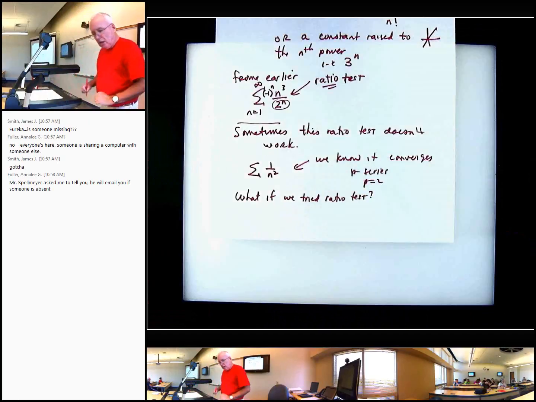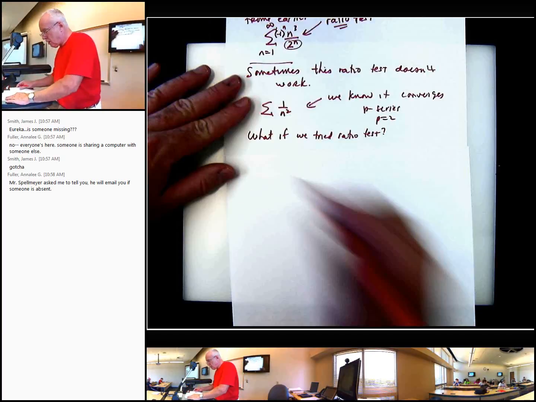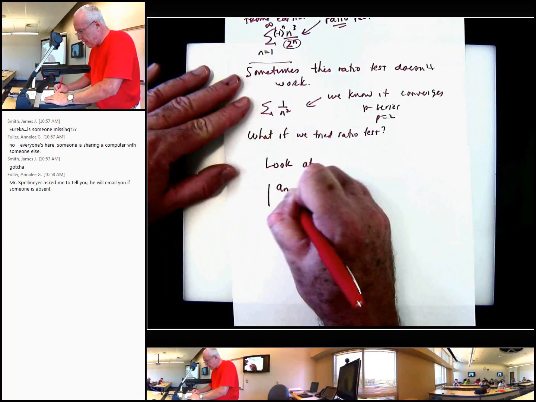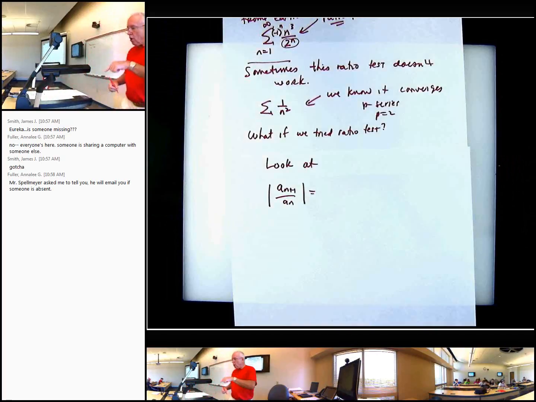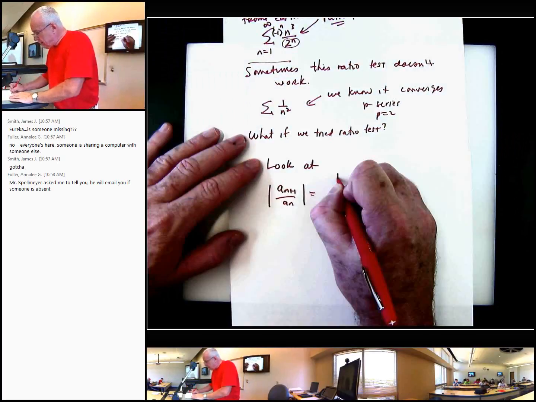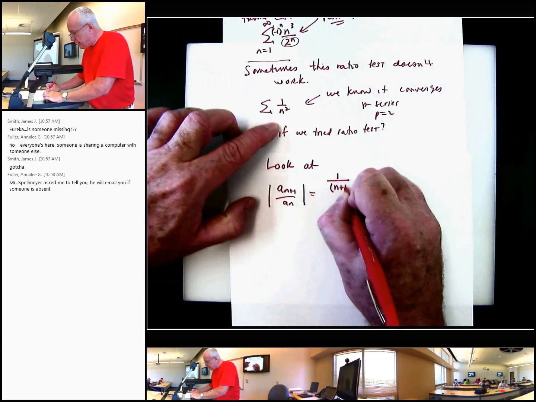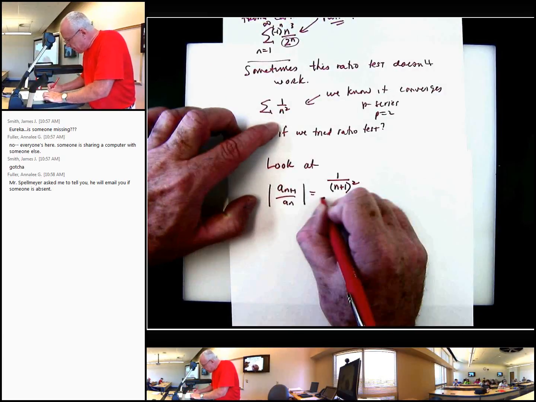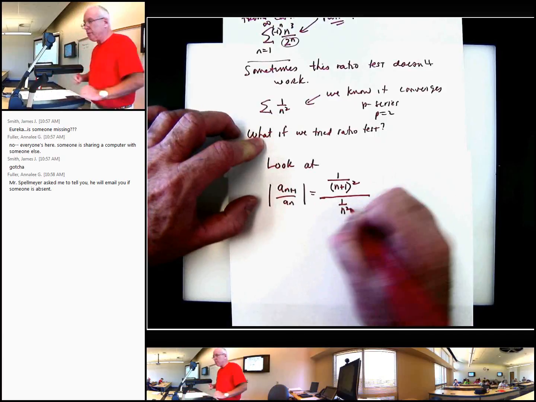All right. So we have to look at the ratio of those two terms. So look at the absolute value of a sub n plus 1 over a sub n. Our a sub n plus 1 is going to be 1 over, instead of n squared, n plus 1 in parentheses squared, divided by our a sub n, which is 1 over n squared.